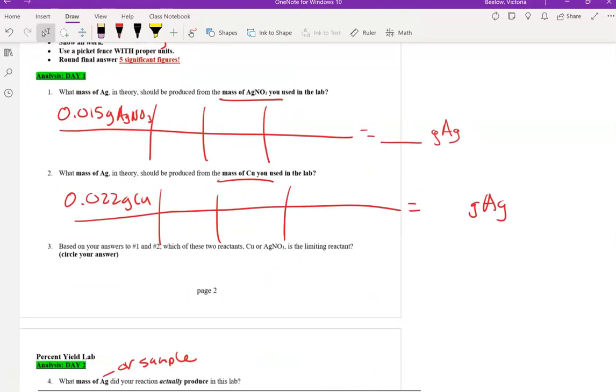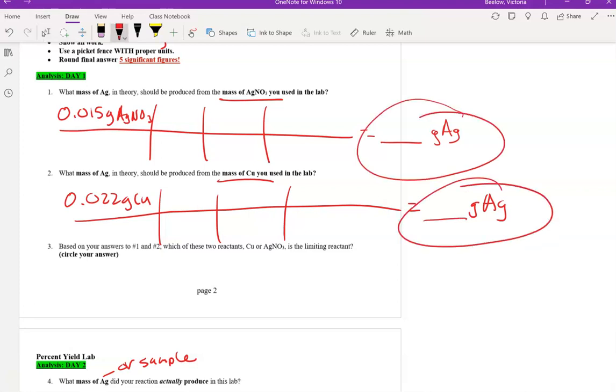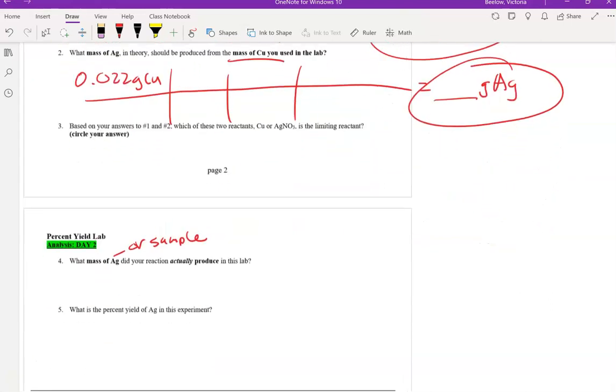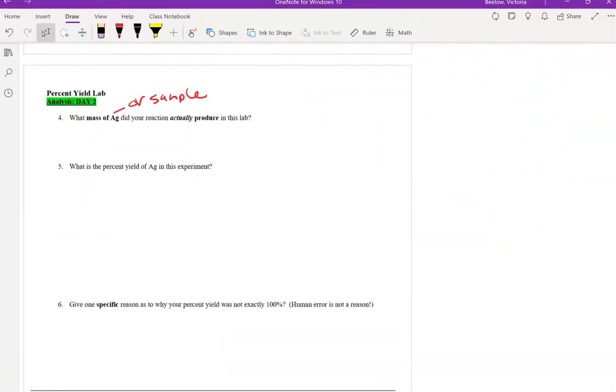And whichever one of these values gives you the smaller amount, that's going to tell you what your limiting reactant is. And this value would also be your theoretical yield.